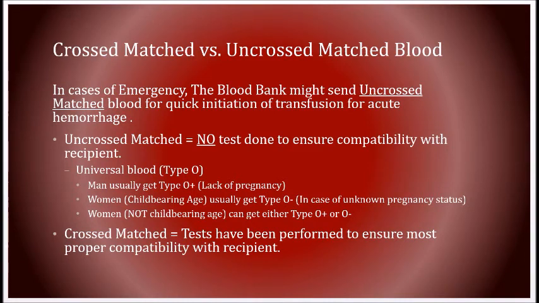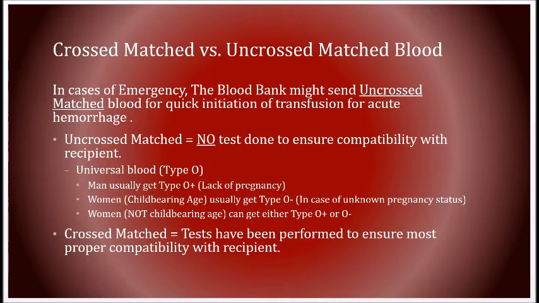Yes and no. It is dangerous in the sense that you always want to check for full compatibility, but on the other hand it is usually used for emergency situations where patients are bleeding profusely and you need to get blood into them right away. So uncross-matched blood is type O, like we mentioned earlier, because type O is a universal donor, so anybody can get type O.